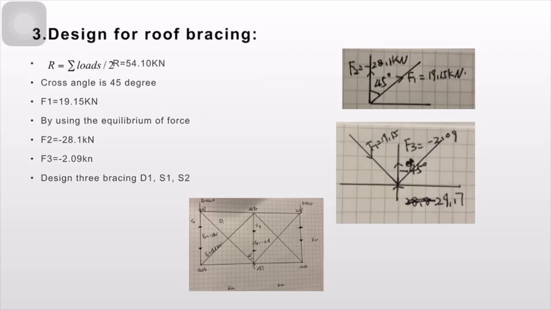And then we can start to design roof bracing, and we have to find the value of each force. F1 is equal to 19.15 kN, F2 is equal to negative 28.1 kN, and F3 is equal to negative 2.09 kN.